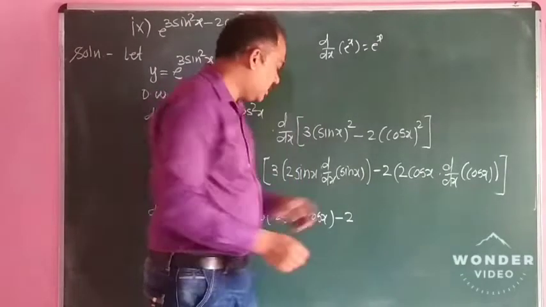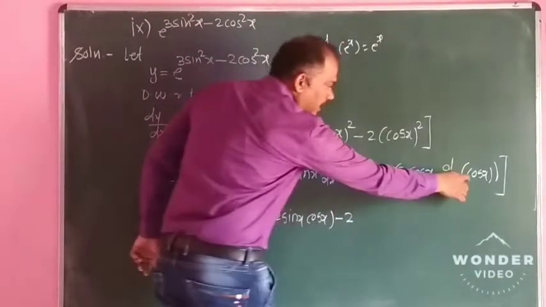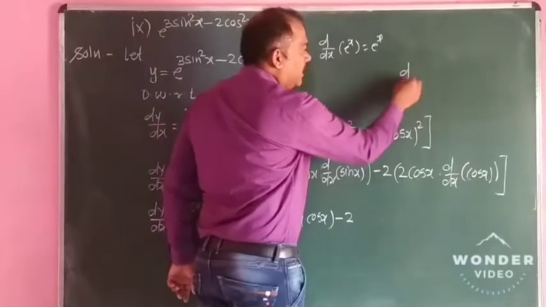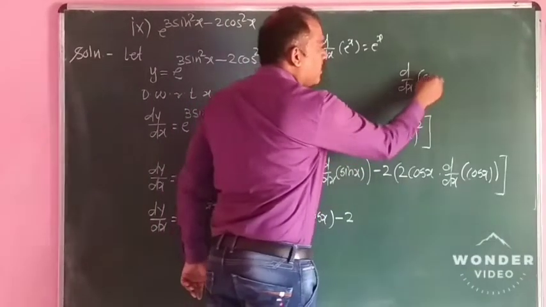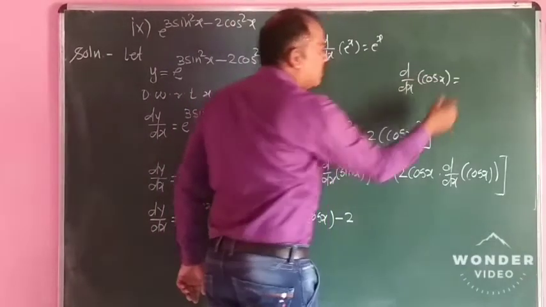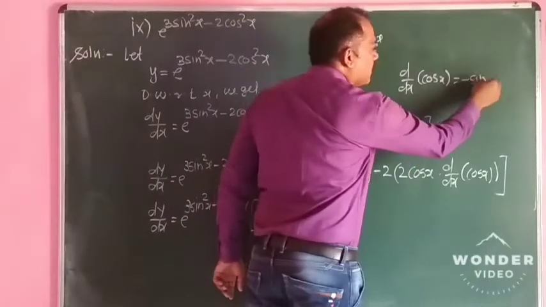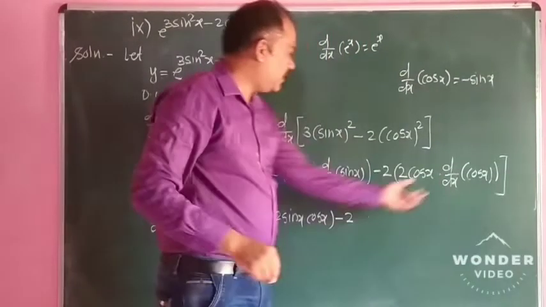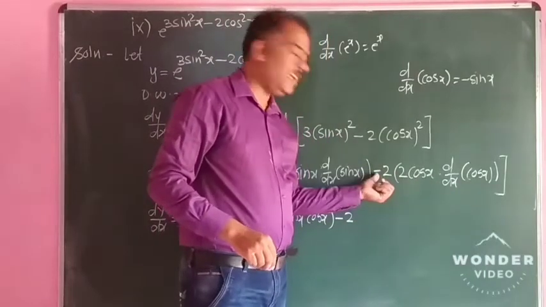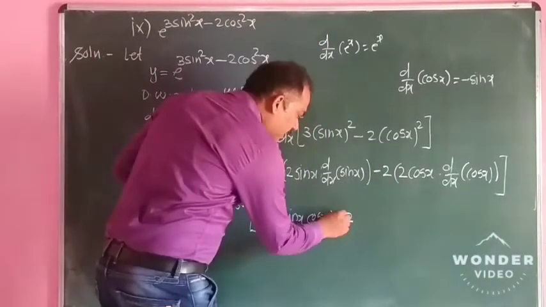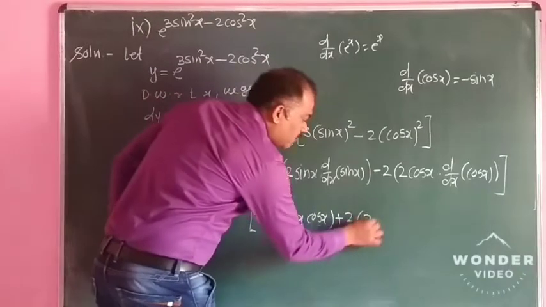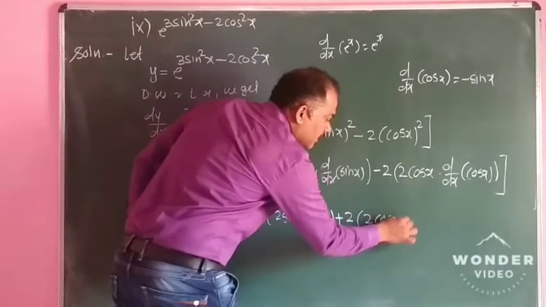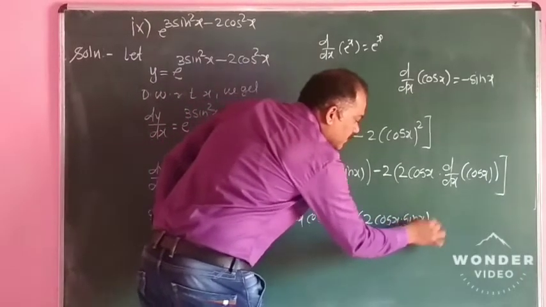Minus sin x, so d dx of cos x is equal to minus sin x. This means that here we get minus sin x, and here the minus sign is already there, so minus minus becomes plus, that is we get 2 times cos x into sin x.